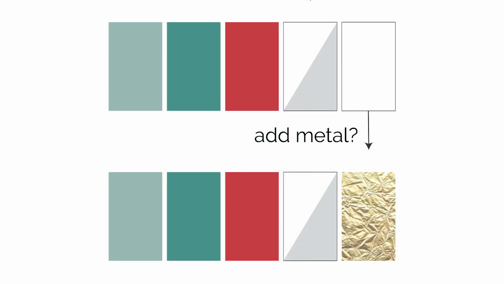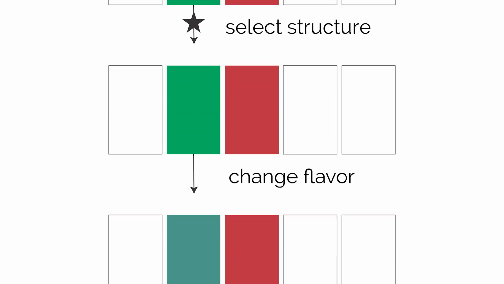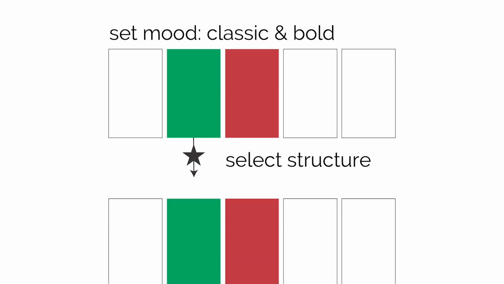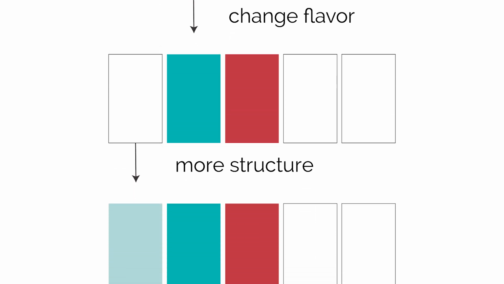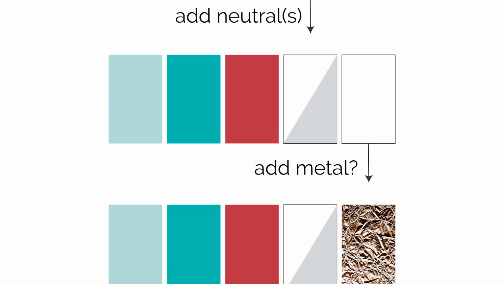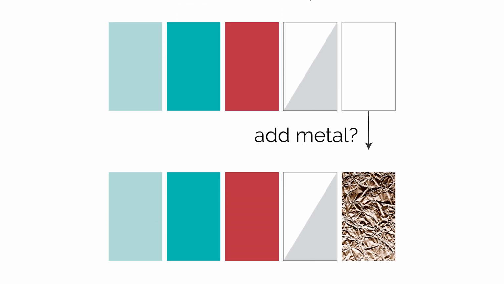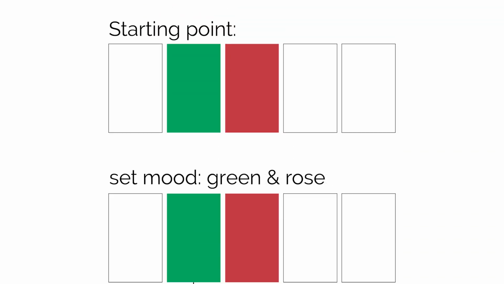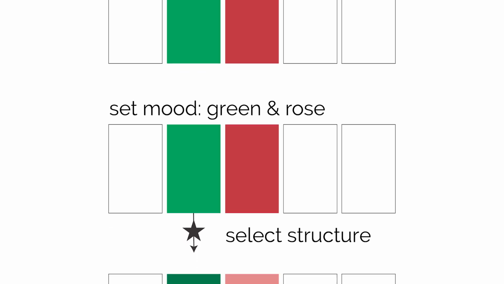I kind of like it, but even if I didn't, we could head back up and make a few changes. What if we go with true aqua, not the dirty version that I chose? Okay, this is fun and festive. What if we kept the green but changed the red to rose?